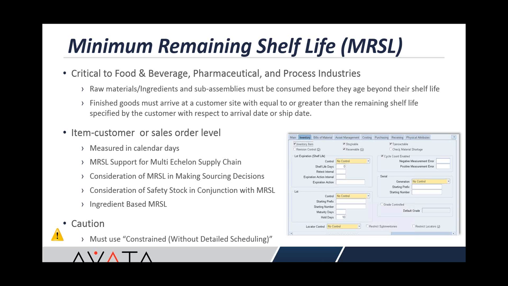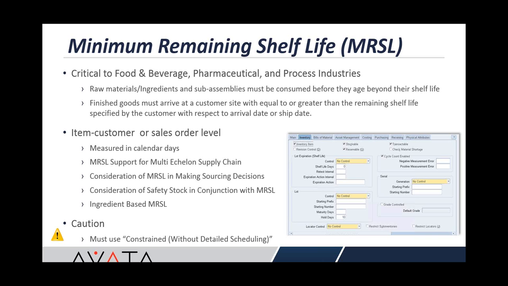And just a note, this needs to be run in constraint without detailed scheduling mode to enable this. I wanted to spend a moment on that because you'll see that come up in a couple of scenarios that we go through. Constrained without detailed scheduling, in effect, puts the planning at a day level as opposed to an hour or minute granularity.